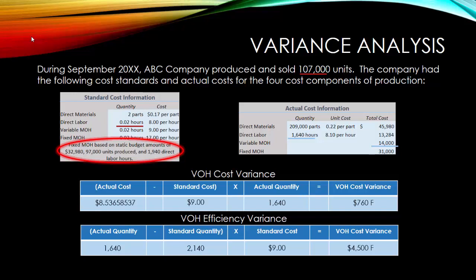Well, we were allocating costs based upon how many labor hours we had, and if they didn't work as many hours, we won't have allocated as much cost. So our $4,500 difference can be explained by the fact that we were very efficient with our cost driver, and it caused less overhead to be allocated to these particular units.